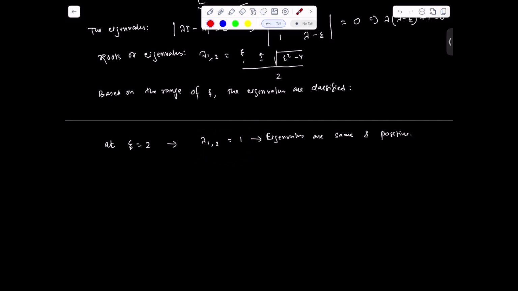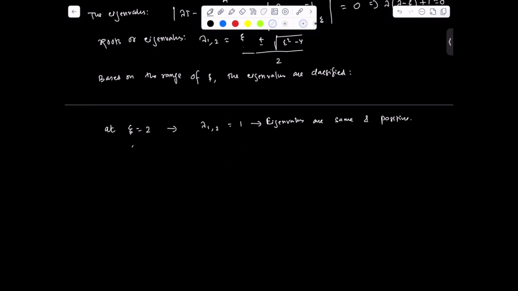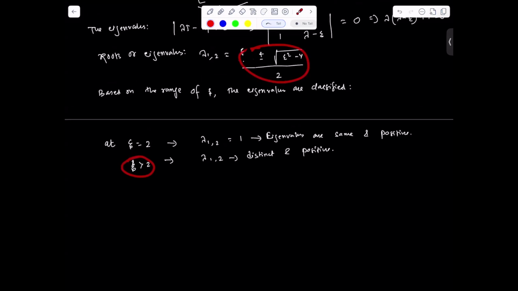So let us again, if zeta is greater than 2, in this case, if you notice, lambda 1 and 2 are distinct and positive, right? That is obviously, if we come up with this condition in this expression, we'll have distinct and positive.